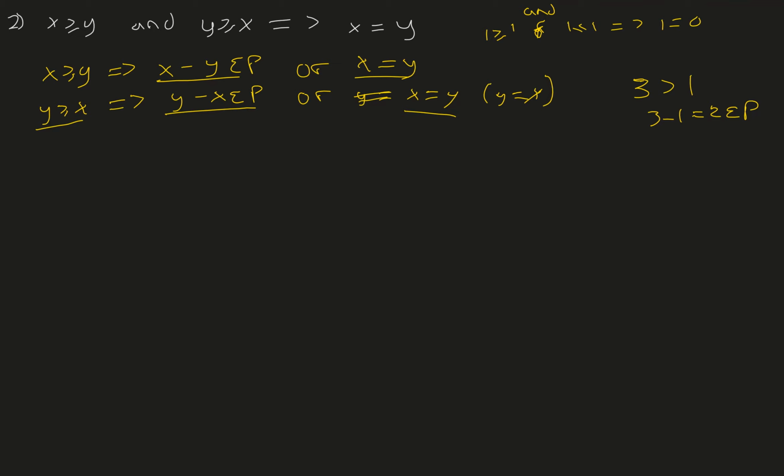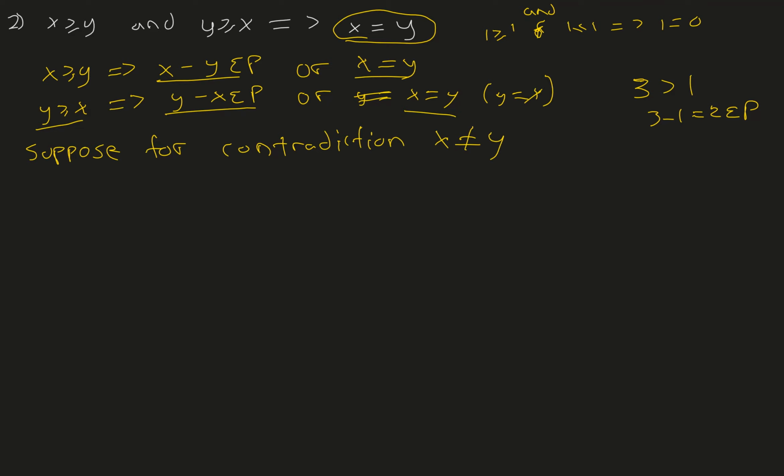So let's do a proof by contradiction here. Suppose for contradiction, remember we're told to prove that x is equal to y. So when we're doing a proof by contradiction, we assume the opposite. So suppose for contradiction that x is not equal to y.